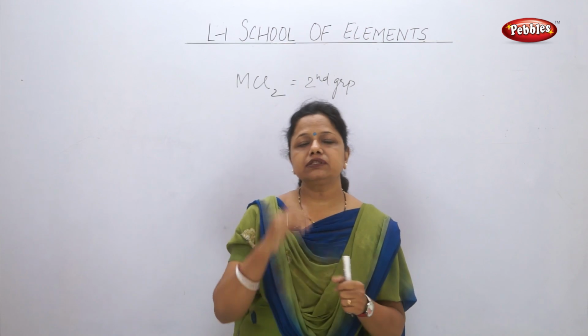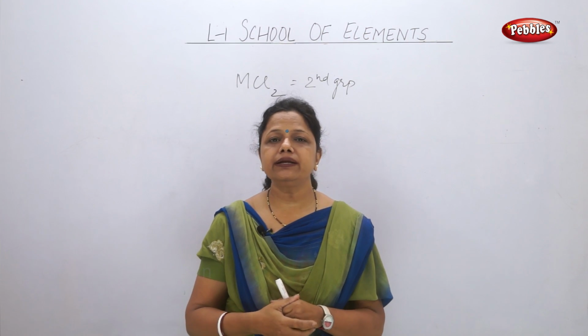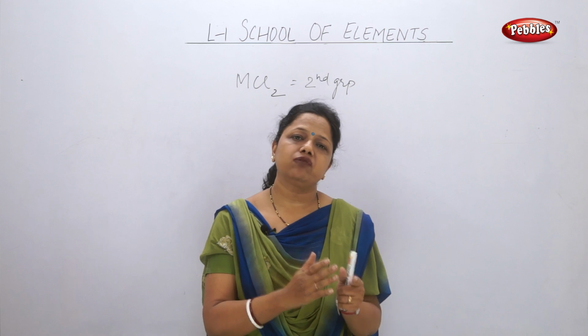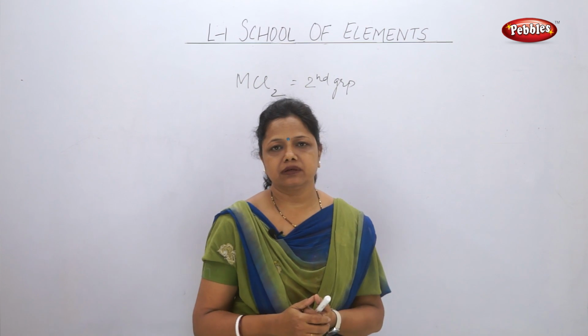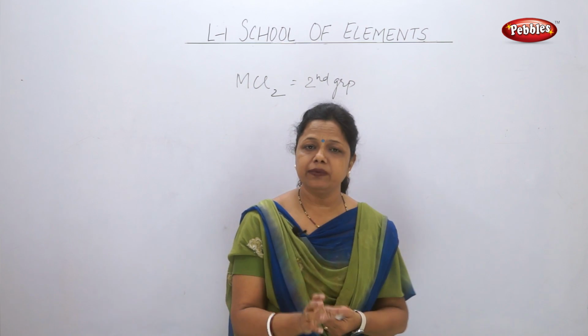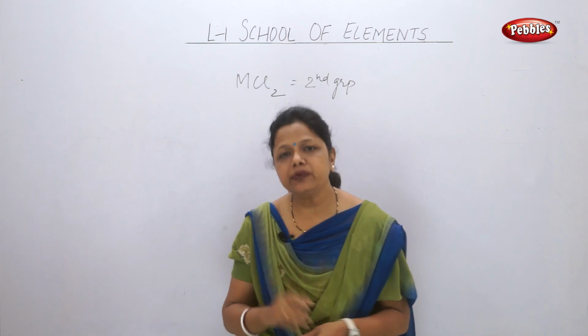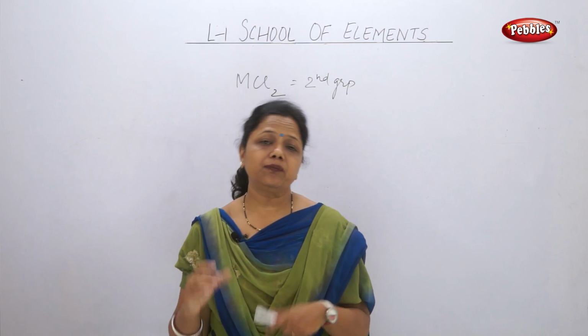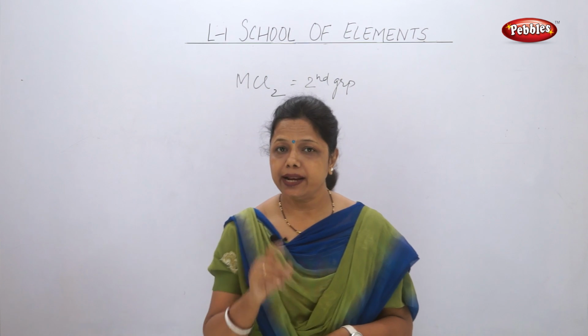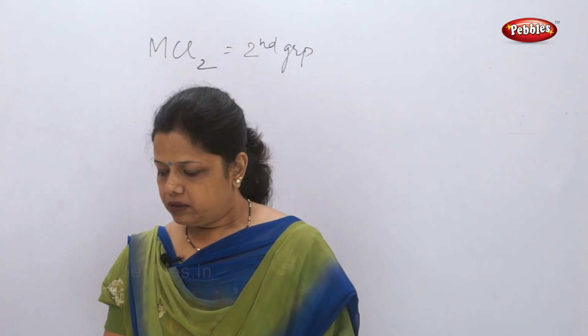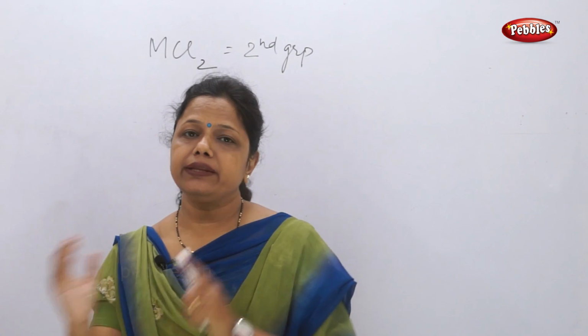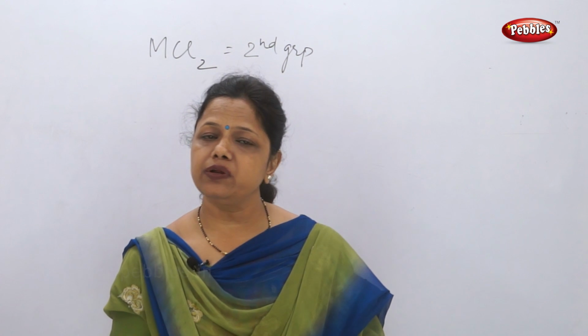Third, there was some anomaly in Mendeleev's table. What he did, the higher atomic weight was placed before the lower atomic weight. But the same elements, cobalt and nickel, found a proper place in the modern periodic table because they were placed according to their atomic numbers, not the weight. The atomic number increased by 1 unit in the modern periodic table.